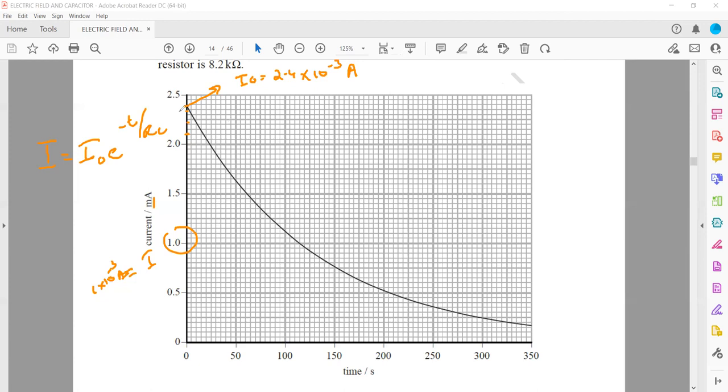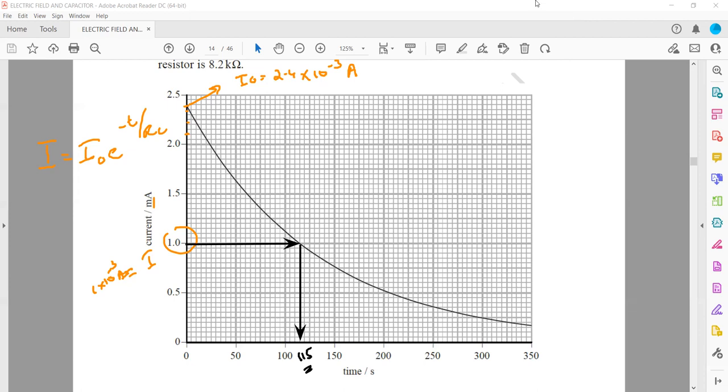It started with 0, and then when the current is 1 milliampere, this will be the time interval. Each box, 10 boxes equals 50, so each box is 5. So it is 5, 10, 15, so 115 is there. That is in seconds.